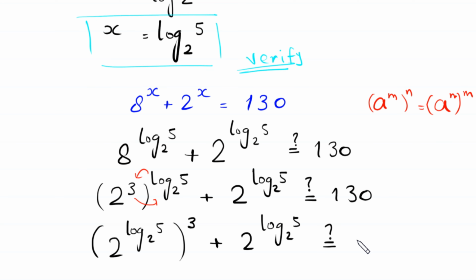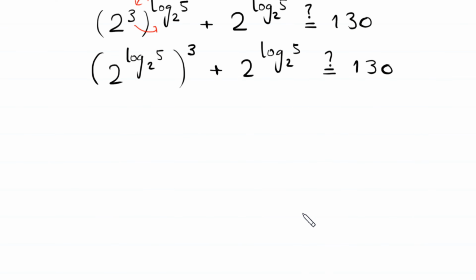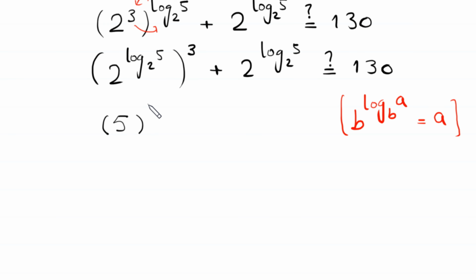Is this equal to 130? Now by using this log property, b to the power log base b of a is equal to a, this 2 to the power log base 2 of 5 will become 5, and the power 3 will come here, plus this 2 to the power log base 2 of 5 will become 5. Is this equal to 130?